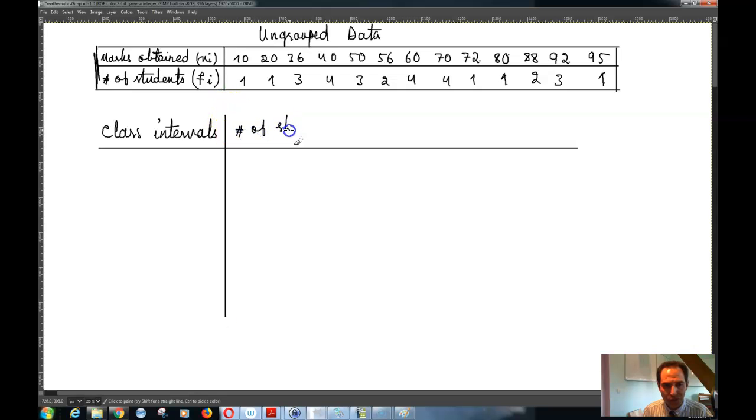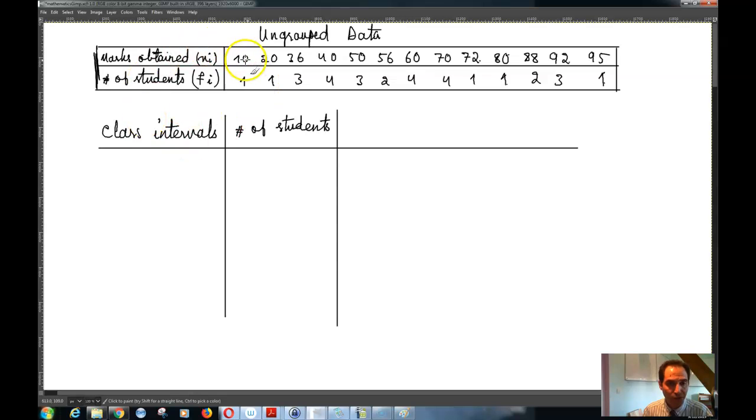I'll tell you what I mean by this. The larger the width of your class interval, the more information and detail you will lose.